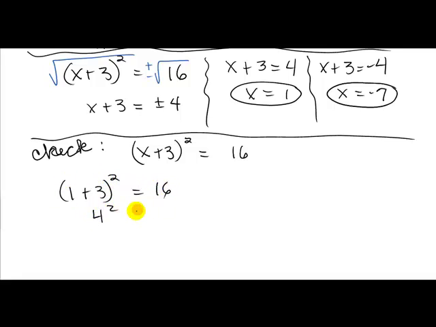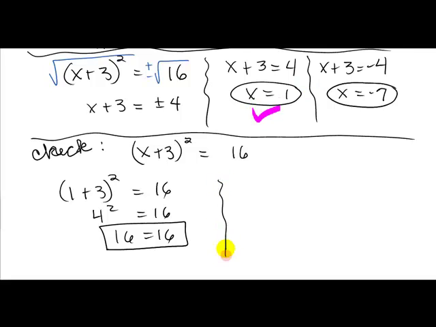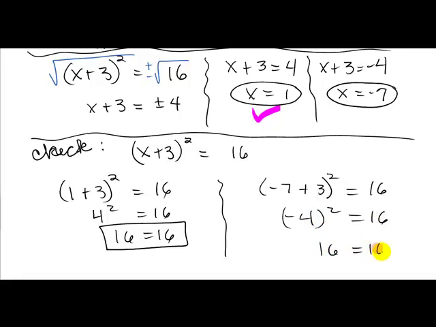That's 4 squared. 16 equals 16. It matches. So remember, that means that answer is okay. Then let's do the next one. We're starting with the original. So I have negative 7 plus 3 squared equals 16. That's negative 4 squared. And negative 4 times negative 4 is 16. And so again, they match. So that tells me my negative 7 is correct.